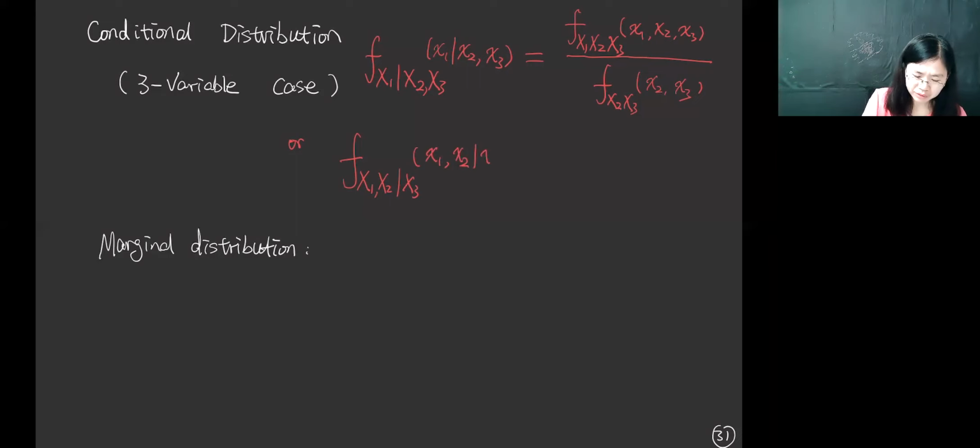So that also equals a ratio where on the top is the joint distribution of all three random variables, and that is divided by the marginal distribution of the conditioning random variable, which is x3 now.